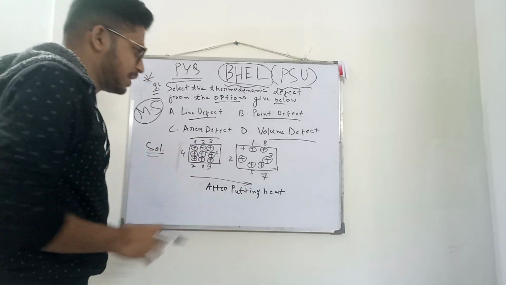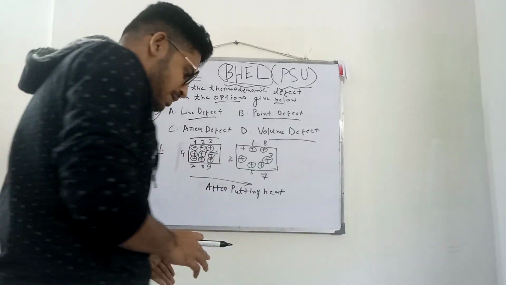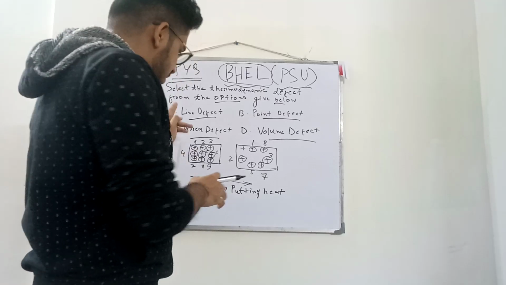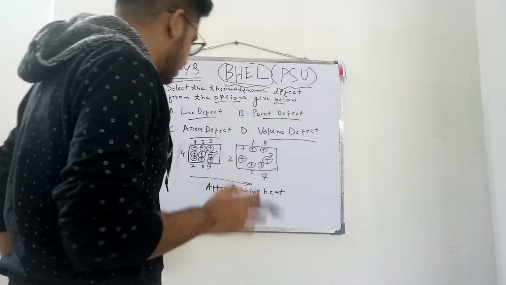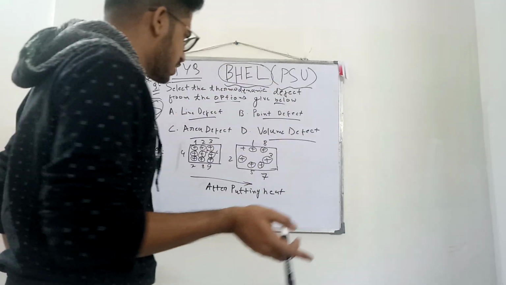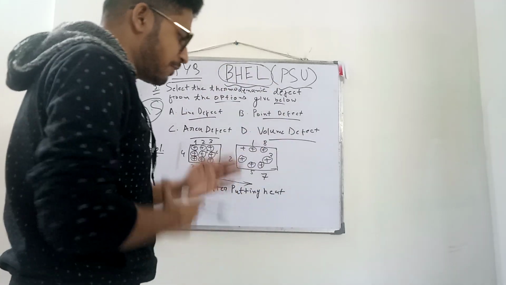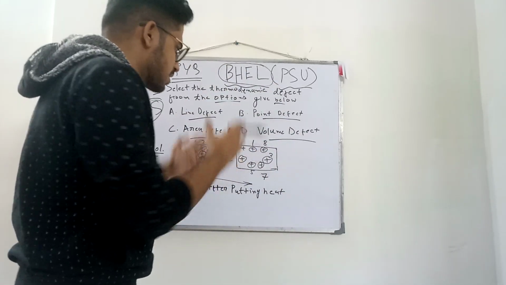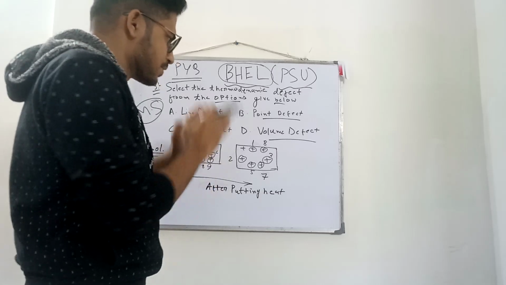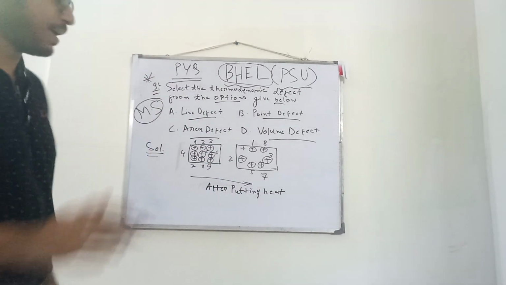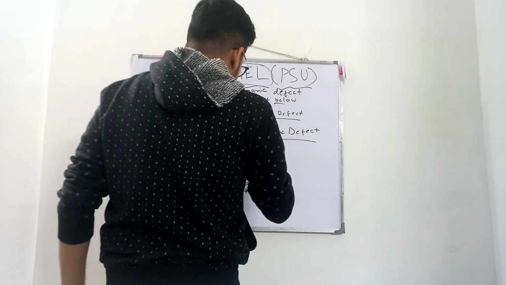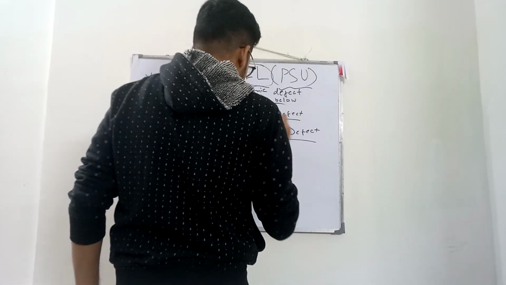This kind of defect, where an atom moves from its initial position to another position, we call a point defect.